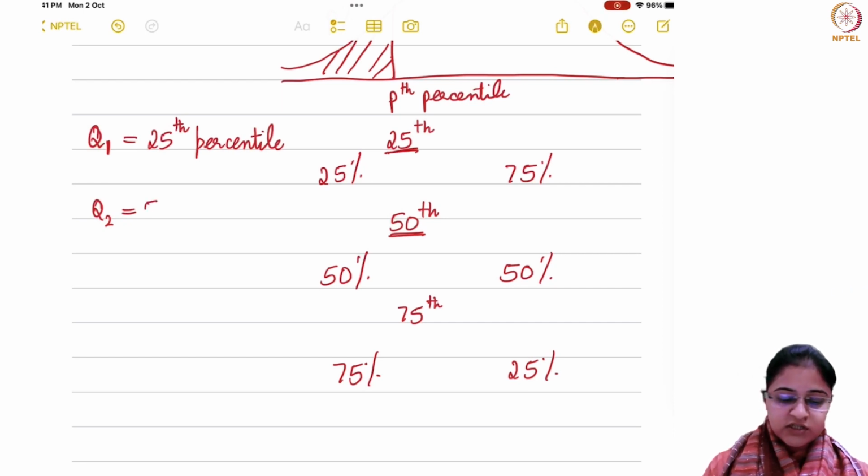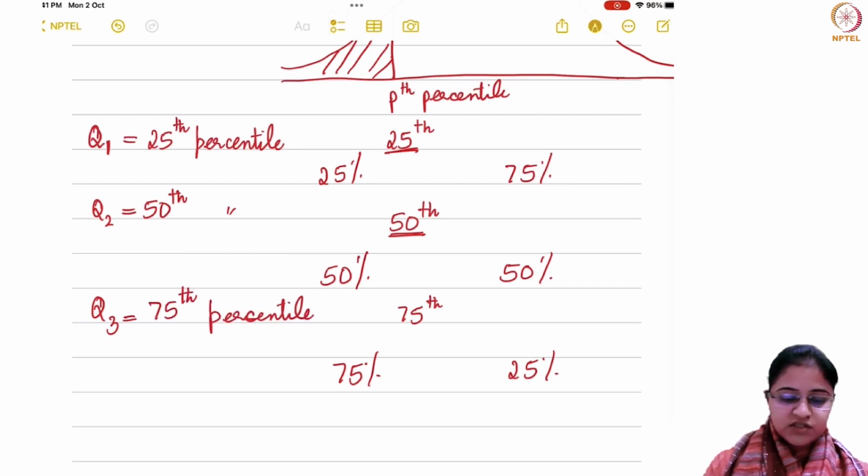So Q2 is your median. And Q3 is your upper quartile, that is the 75th percentile. So this is the lower quartile and this is the upper quartile. They have other names too: first quartile, second quartile or mid, and third quartile.